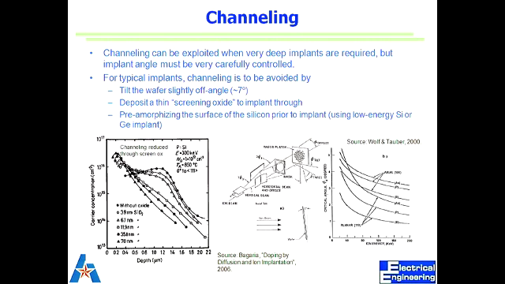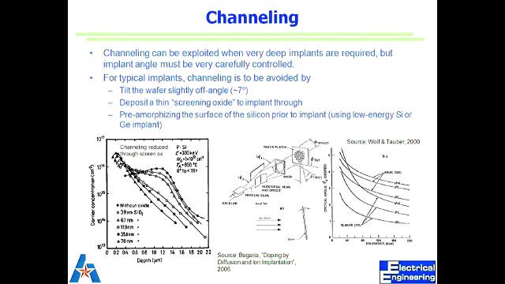That can be achieved by a low energy silicon or germanium implant. So essentially we are implanting semiconductor material into semiconductor material, right? We are implanting silicon into crystalline silicon, which results in an amorphous surface, amorphization close to the surface, which reduces channeling.